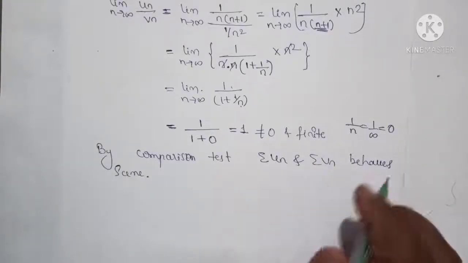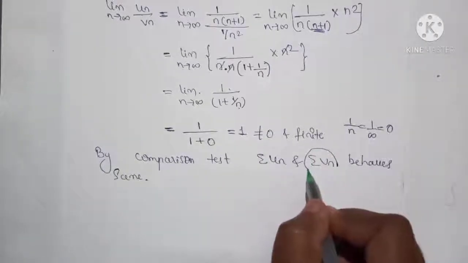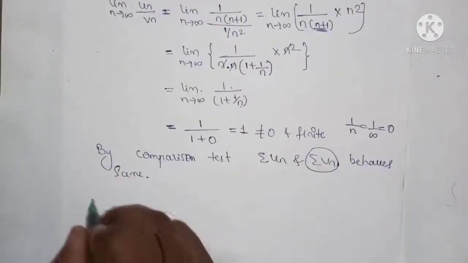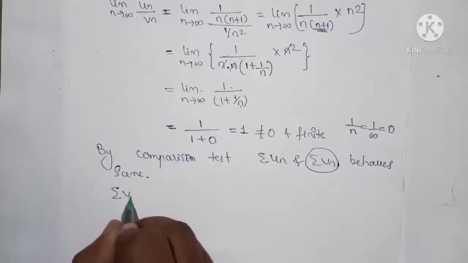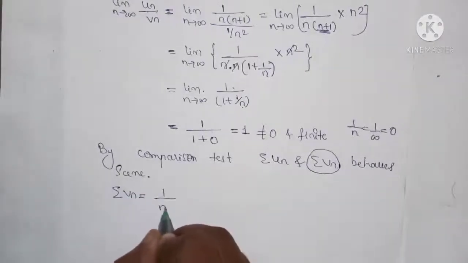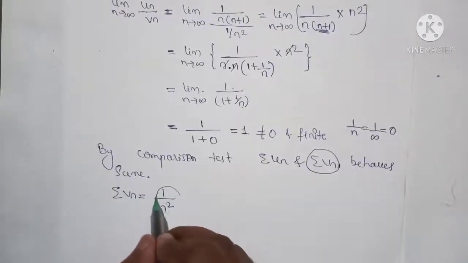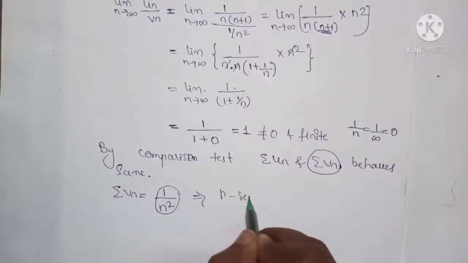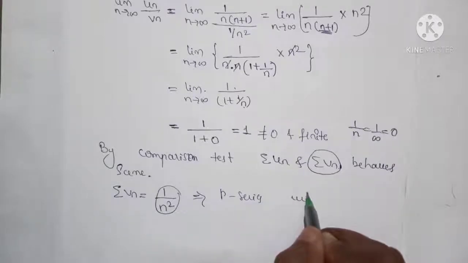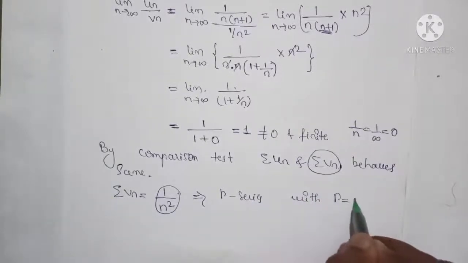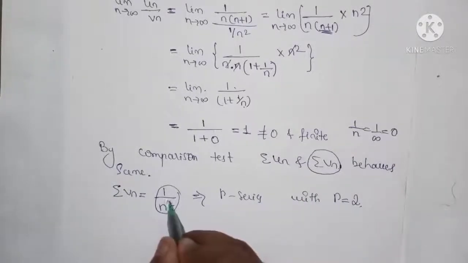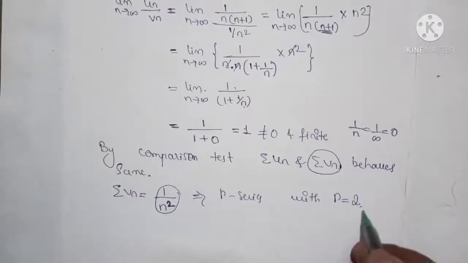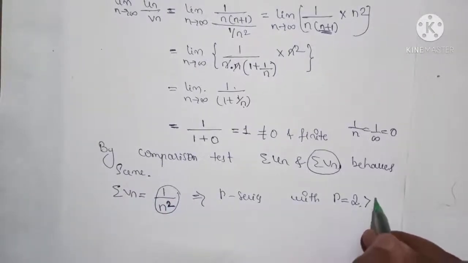Now we have to test the nature of this series. We have chosen summation Vn equal to 1 divided by n square. You can observe that this is a p series with p equal to 2. Here the p value is 2, which is greater than 1.